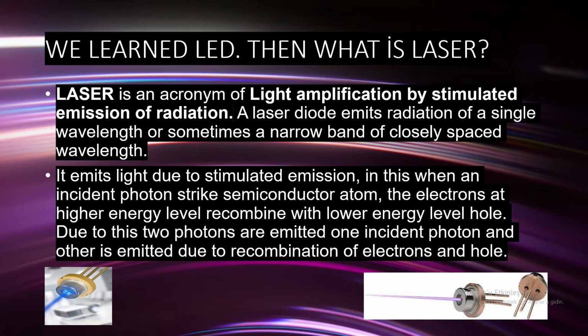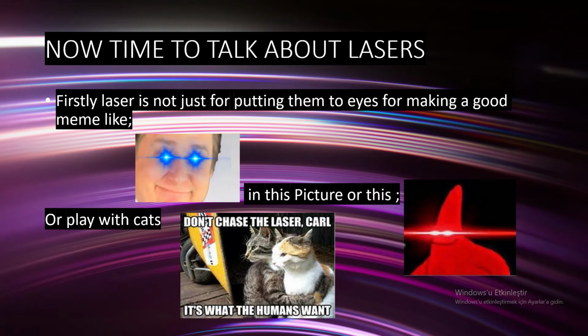In this, when an incident photon strikes a semiconductor atom, the electrons at a higher energy level recombine with a lower energy level hole. Due to this, two photons are emitted, one the incident photon and the other emitted due to recombination of electrons and hole. So it's not just about putting them in eyes for making a good meme in this picture or this picture, or playing with cats.